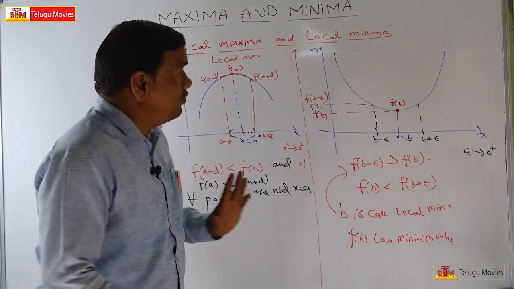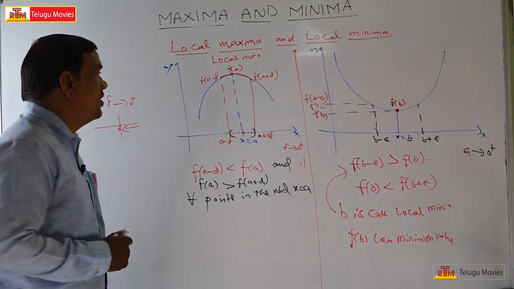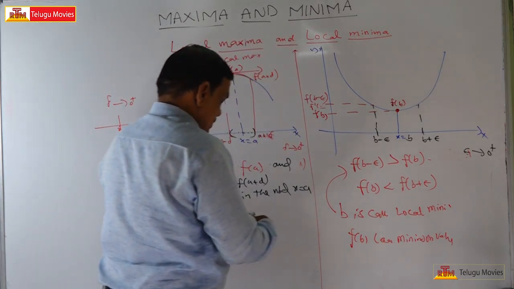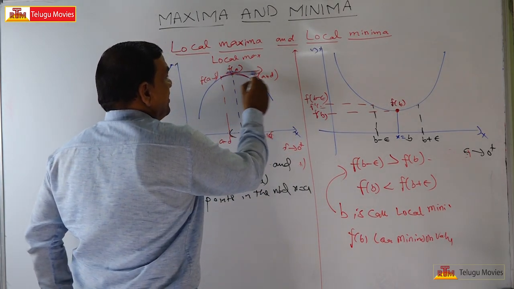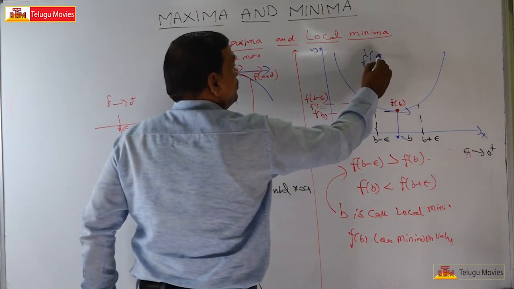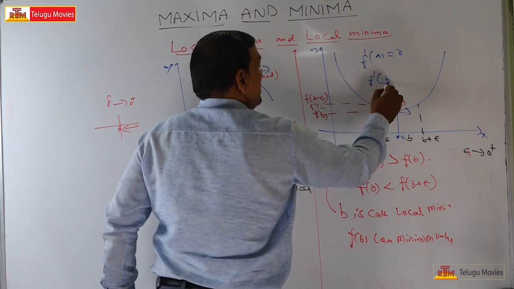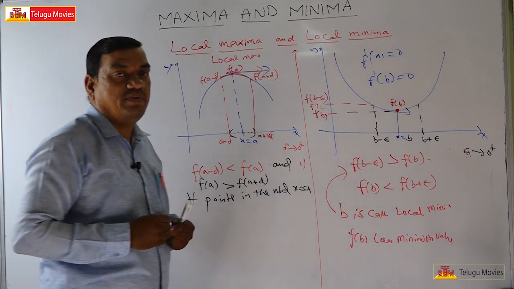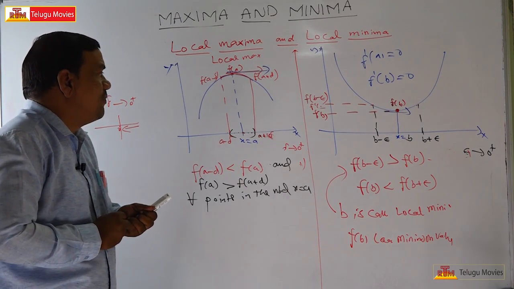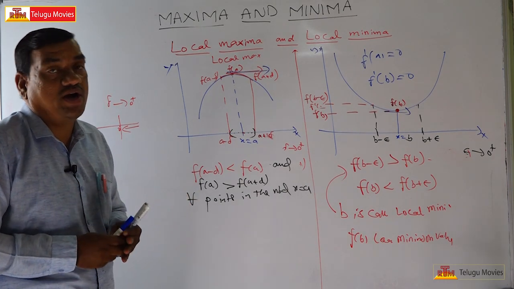But one thing we can say using derivatives: whether it is a local maxima or local minima, at local maxima and local minima, f dash of a is equal to 0, f dash of b is equal to 0. That is perfect. Why? Because they are all turning points. All local maxima points and local minima points are turning points.